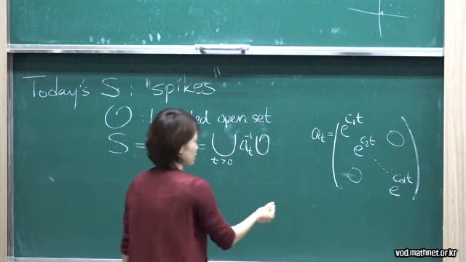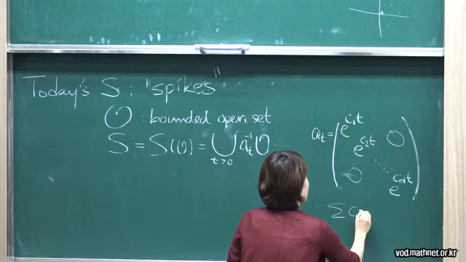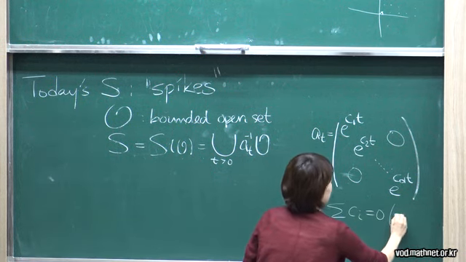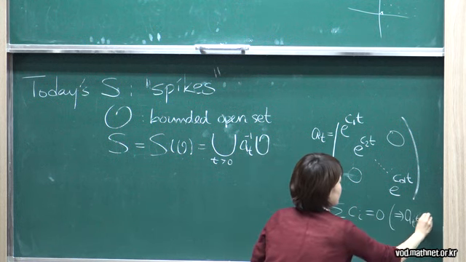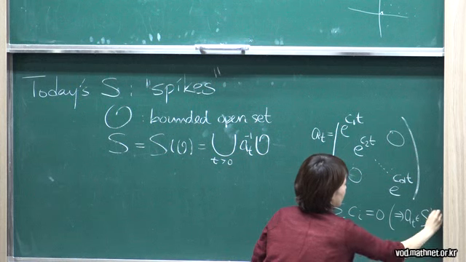Let's normalize so that the sum of the c_i is 0, so that the determinant is 1. So a_t is in SL_D(R).